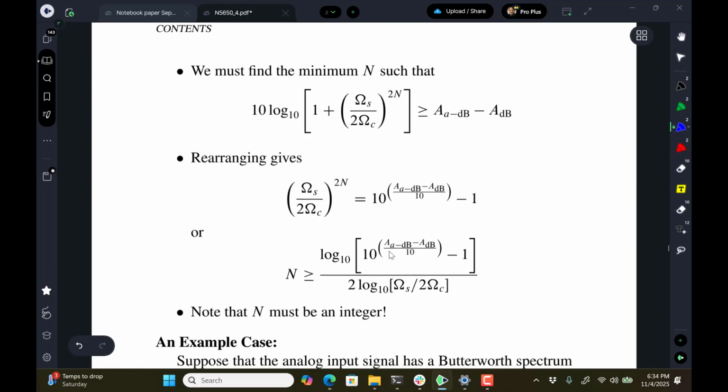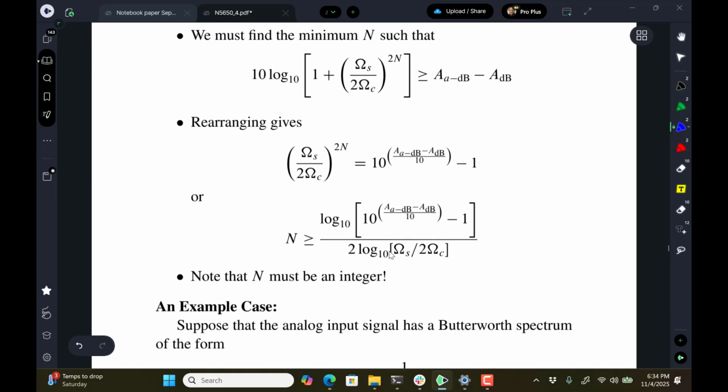I can come up with the order of my Butterworth filter in order to get so many dB down at the output of the anti-aliasing filter, and that is this amount in here, I believe. So I can make a high enough order Butterworth anti-aliasing filter to make this happen.